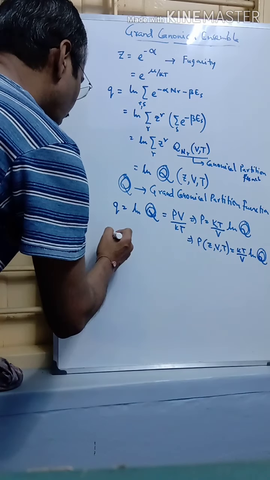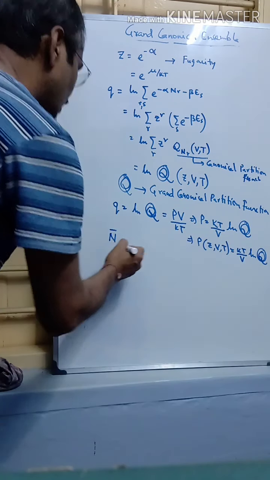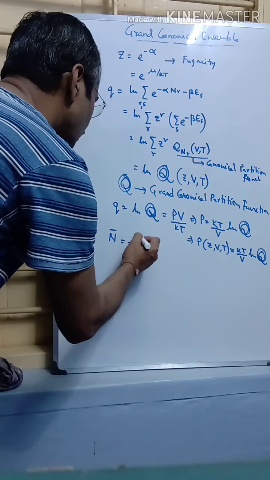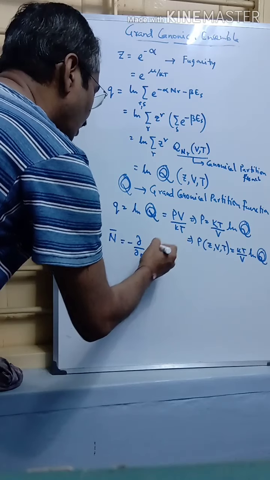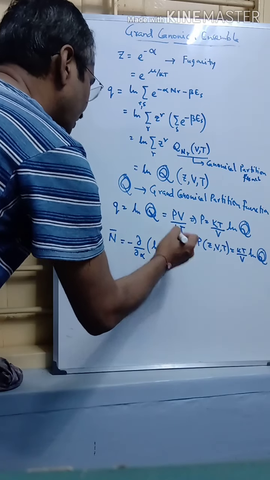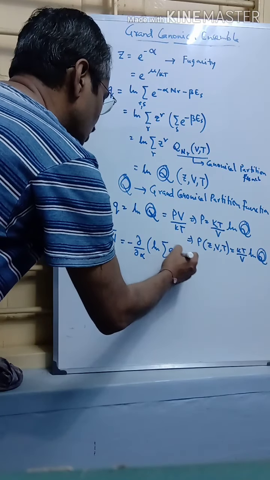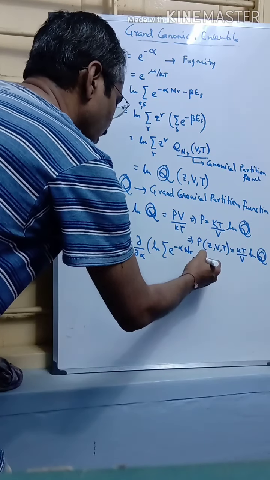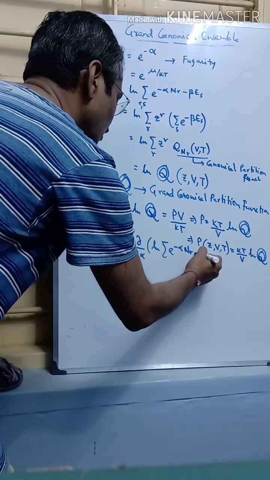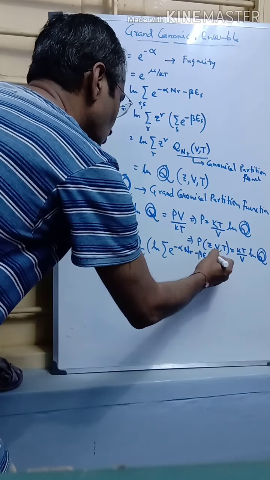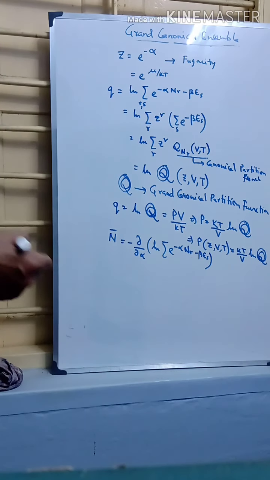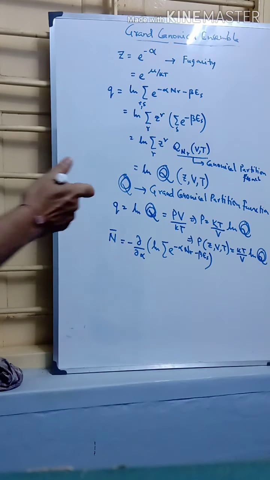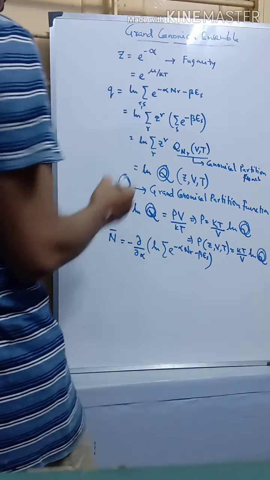Similarly, how about N, the average number of particles? That can be written as minus del alpha of ln of summation e to the power minus alpha nr minus beta es. This can again be written in terms of mu, because alpha was basically equal to minus mu by kT.